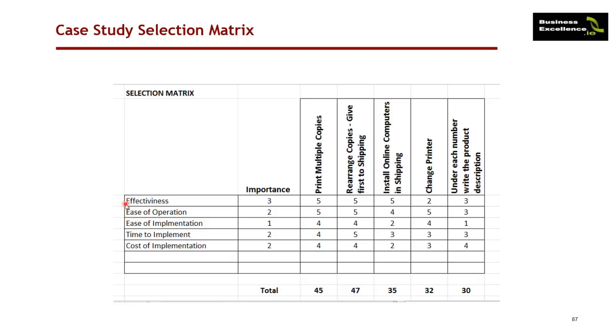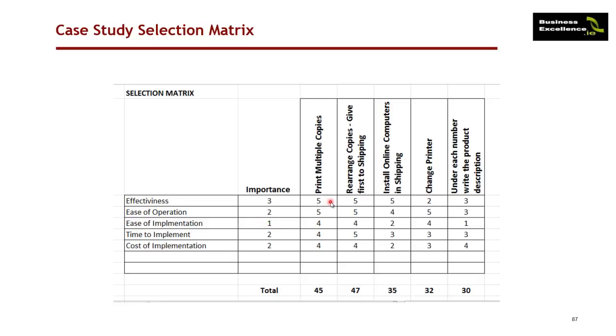In terms of criteria, the criteria we've defined is 1, effectiveness, ease of operation, ease of implementation, time to implement, and cost to implement. And we've identified effectiveness as the most important, ease of implementation as being the least important. So in the first case, what we did is we said print multiple copies.